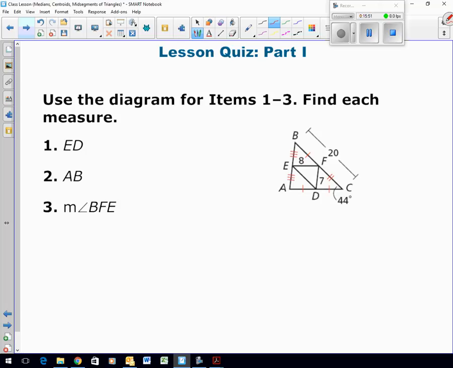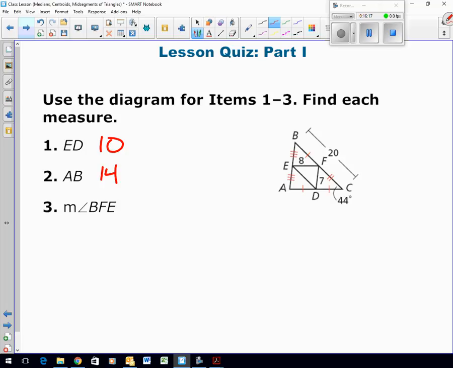It's crucial that you get this. If BC is 20, what's the distance from E to D? 10, half, right? If FD is 7, what's the distance from A to B? 14. 7 times 2. 14, right?